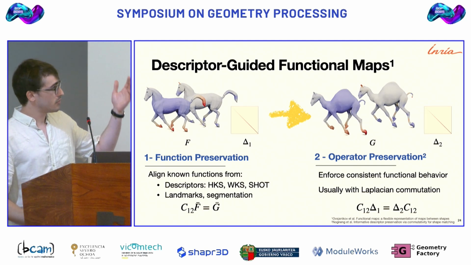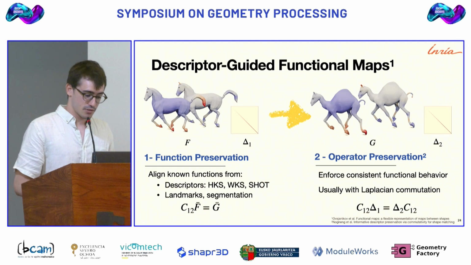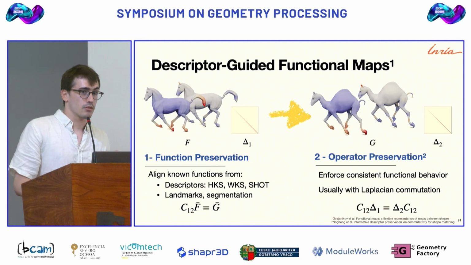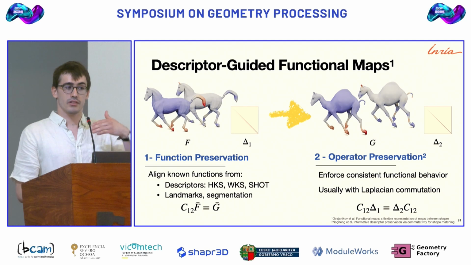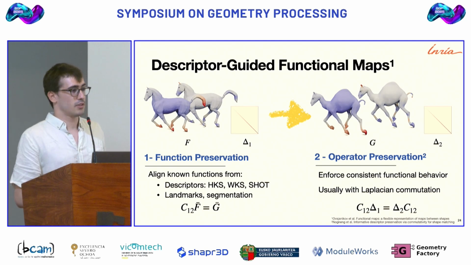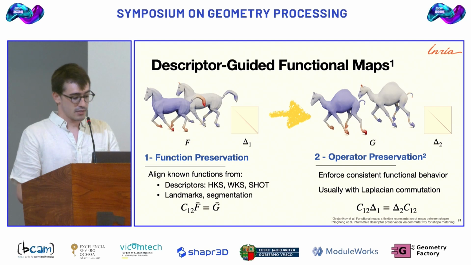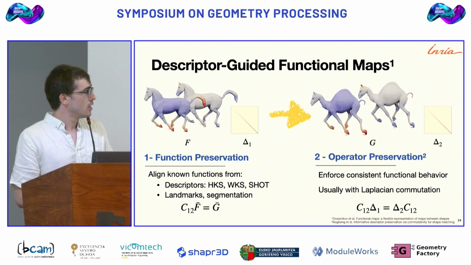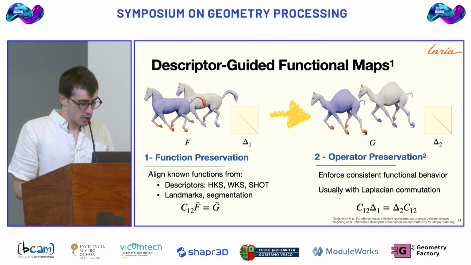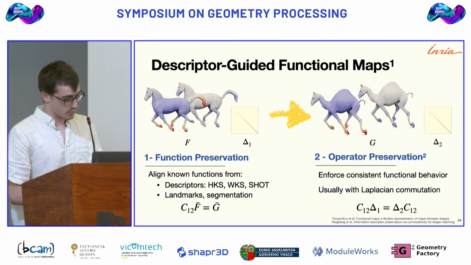So we want the behavior to be the same on the functions. And we could have a lot of different operators on this. For instance, we could say we have a descriptor function, but I also want each level set of the function to be transferable. So you could add extra descriptors. This can also be explained as an operator, like pointwise multiplication by the function.